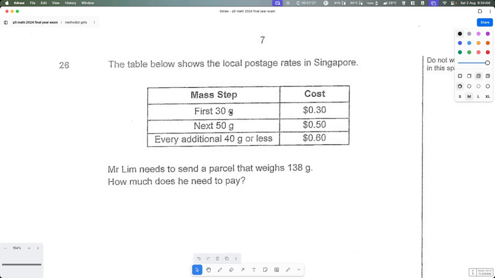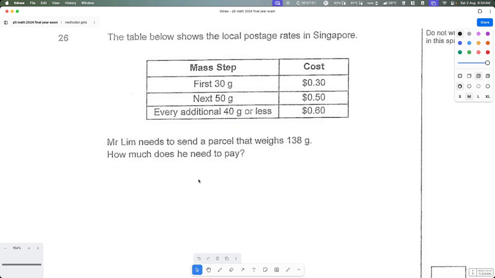Let's move on to question number 26. So question number 26 says the table below shows the local postage rates in Singapore. So mass: first 30 grams, next 50 grams, and every additional 40 grams. Mr. Lee needs to send a parcel that weighs 138 grams. How much does he need to pay?